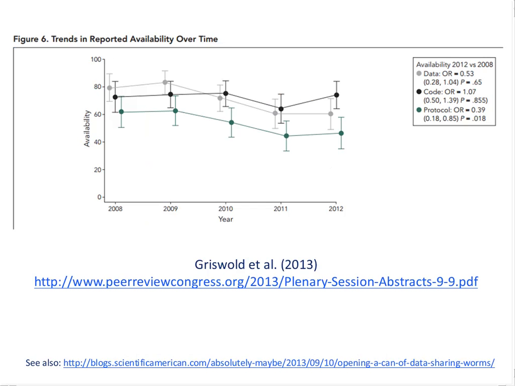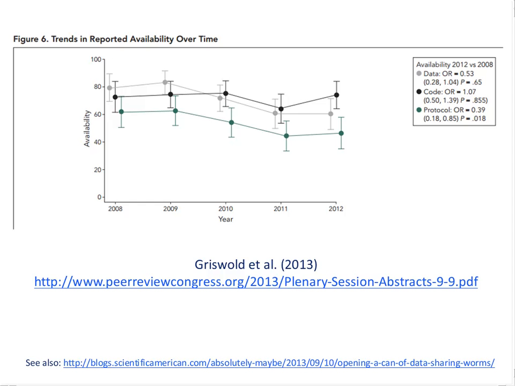They say of 389 articles, 17% stated that protocols were available without conditions, 54% with conditions, and 29% not available. Statistical code was available without conditions for 6%, with conditions for 66%, and unavailable for 28%. And then finally, data were available without conditions for only 7%, with conditions for 47%, and unavailable for close to half, so 46%.